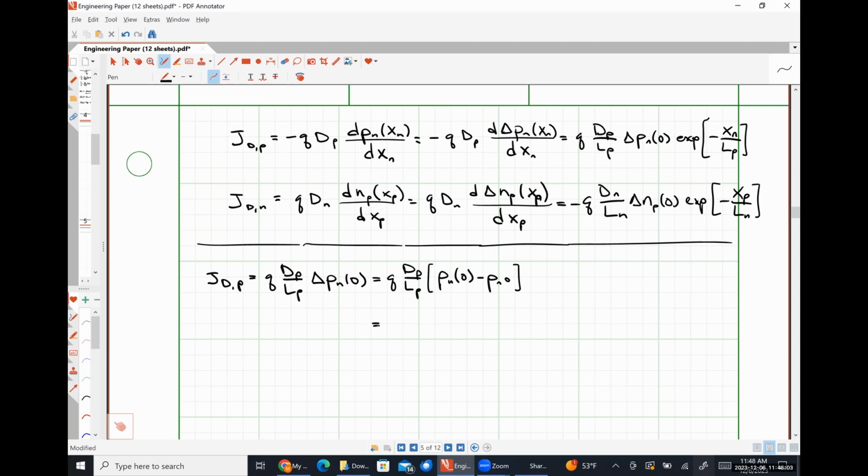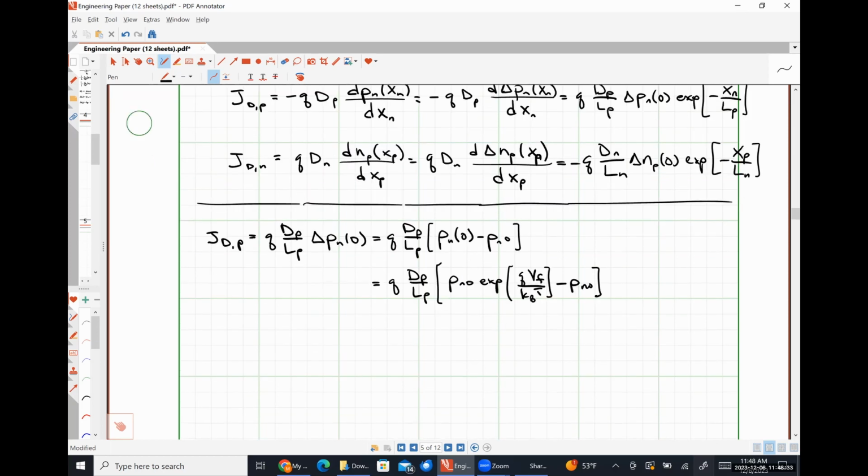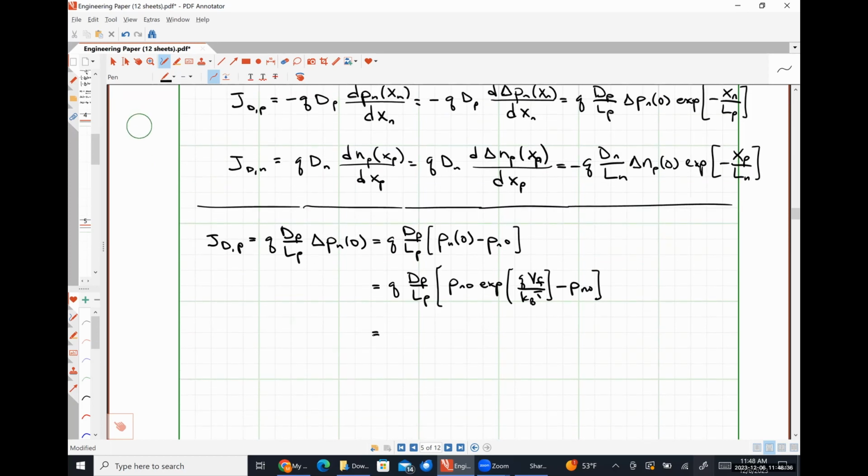Is going to be equal to Q times dP over LP, Pn naught times the exponential of QVF over KBT, minus Pn naught, is Q dP over LP.